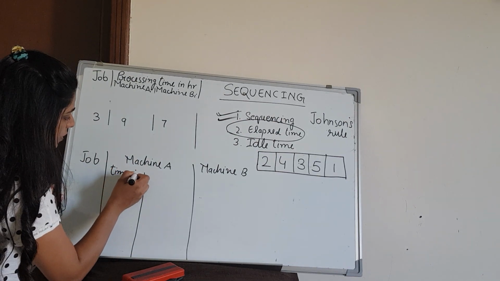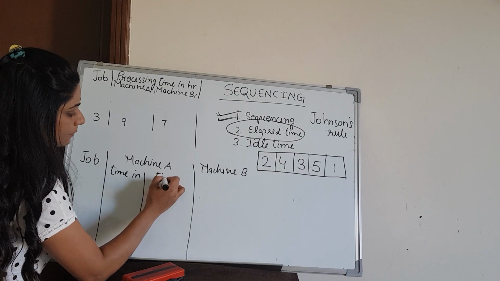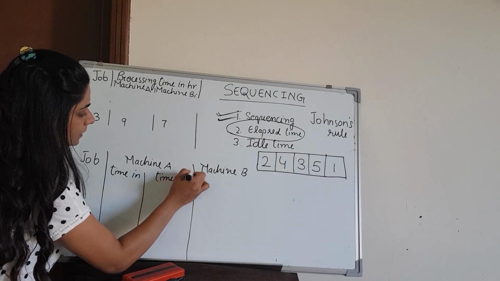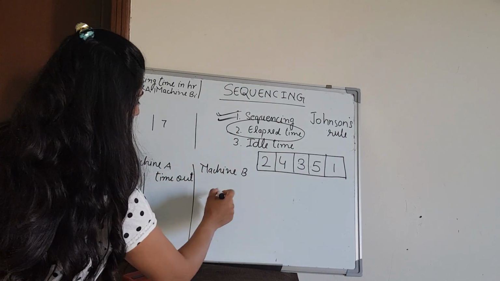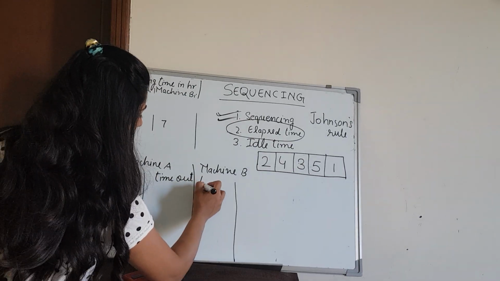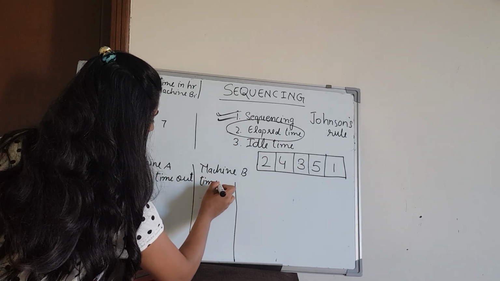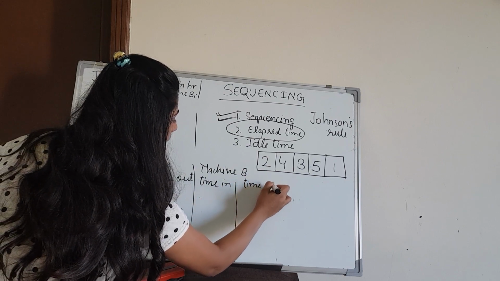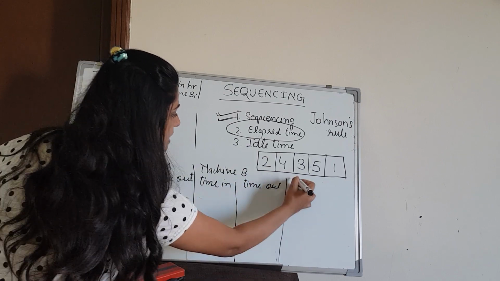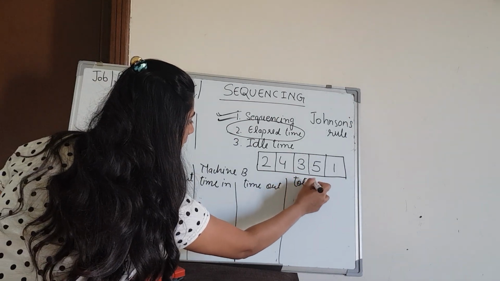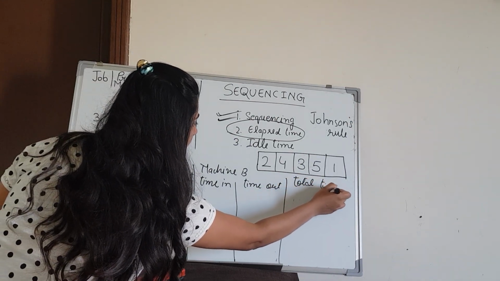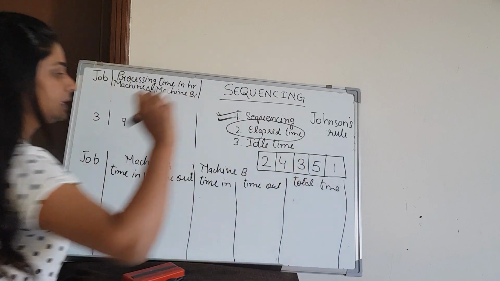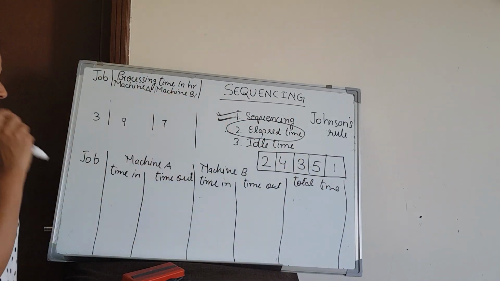Time in and time out for machine A, and in the same way time in and time out for machine B. In the last column we will calculate the total time. By this table we will calculate elapsed time.